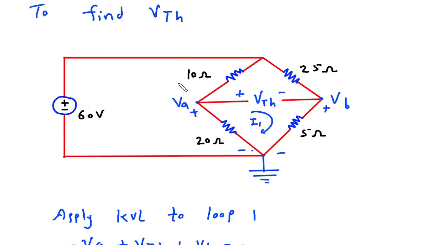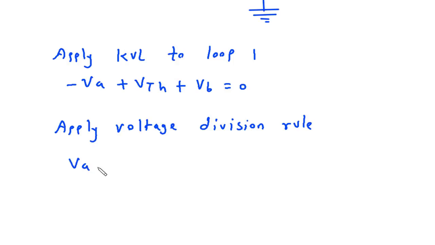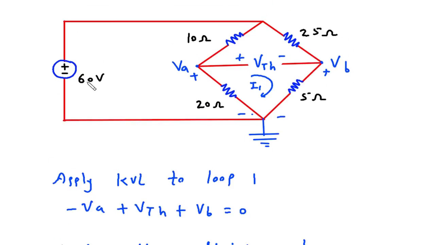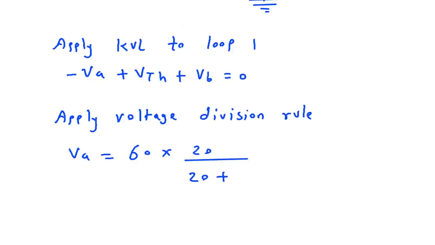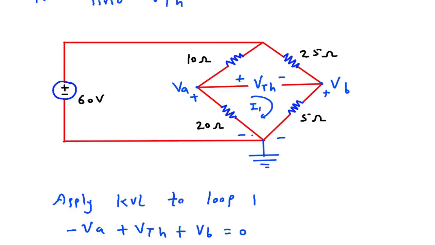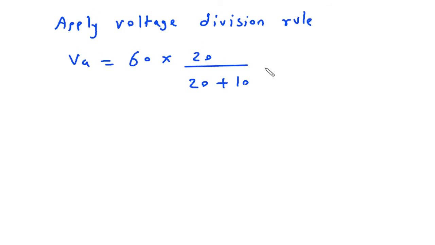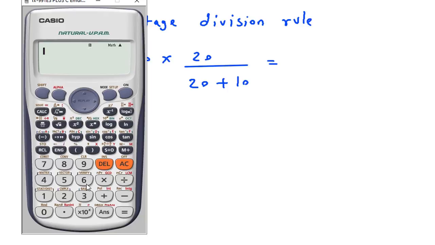Here this 10 ohm is in series with this 20 ohm. So VA is equal to 60 into 20 divided by 20 plus 10. So it is 40 volt.